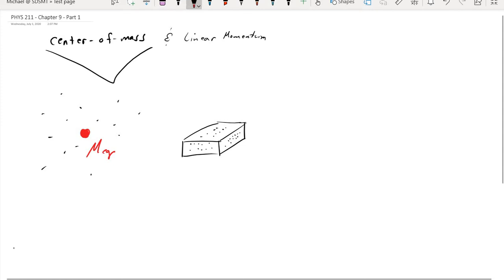And this becomes even more important when we have solid objects. If we can treat that solid object as just one mass, which is actually what we've been doing throughout most of this semester, we've just been treating every mass as a single object.